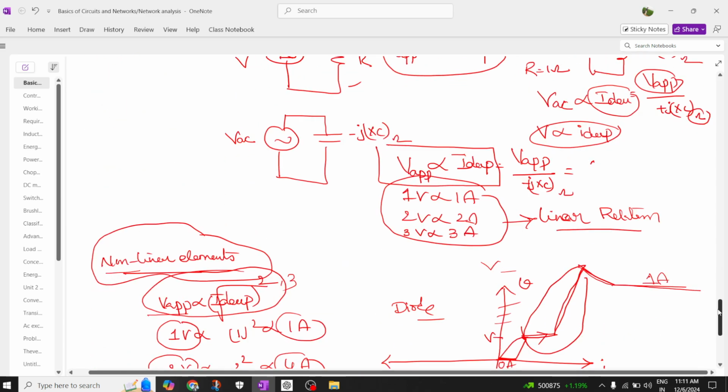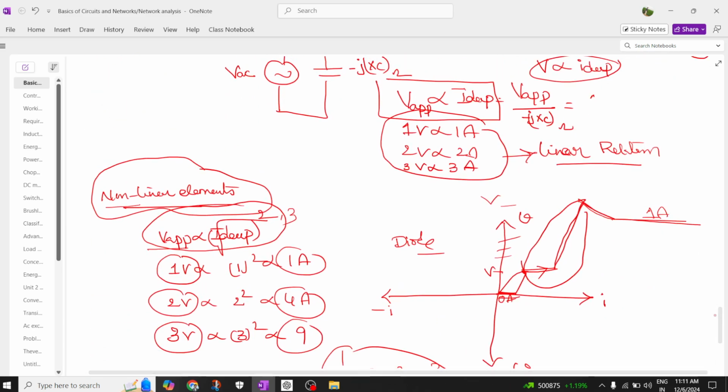But there are some elements whose relation is like this, and here it directly comes to the saturation region. This is called negative cutoff. The element behavior is not clear. It changes as per the region of operation. This is not the same in the first quadrant as in the third quadrant. Such elements can be claimed as non-linear elements. The applied voltage and developed current have a non-linear relation.